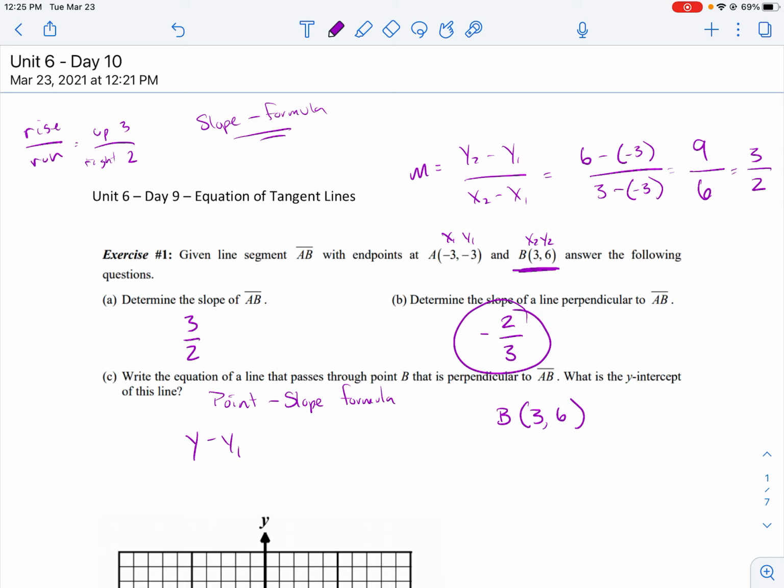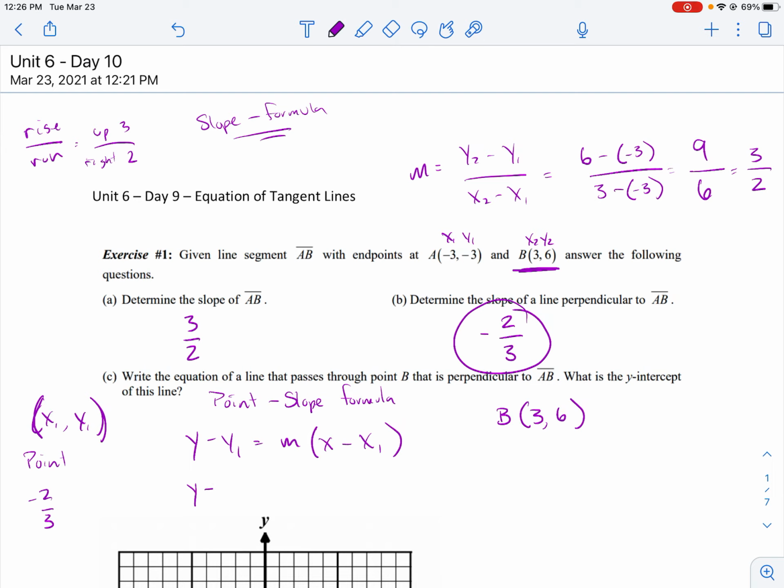It looks like this: y minus y1 is equal to m times (x minus x1), where x1 and y1 is actually the point we're going to use. So we're going to use this as our point. Then our slope is -2/3, and we just plug that in.